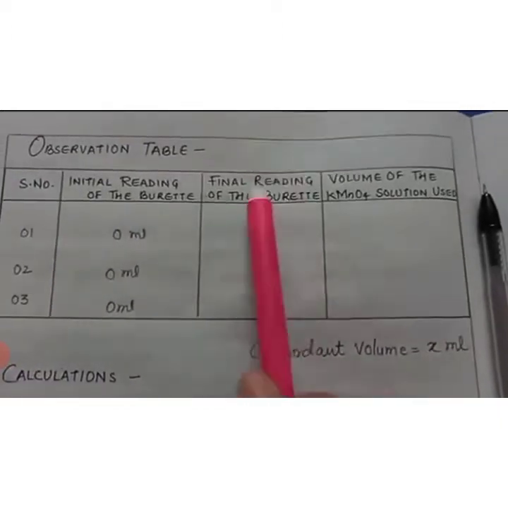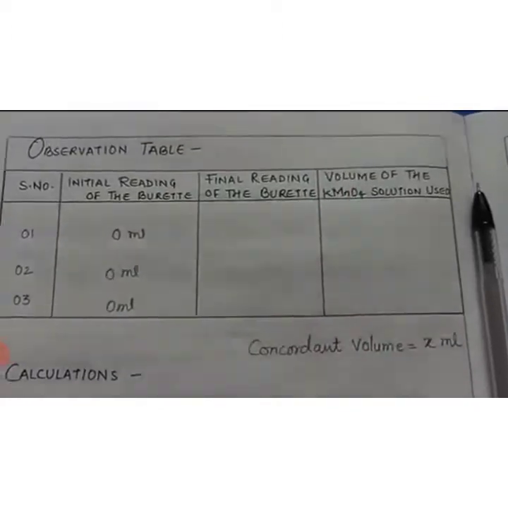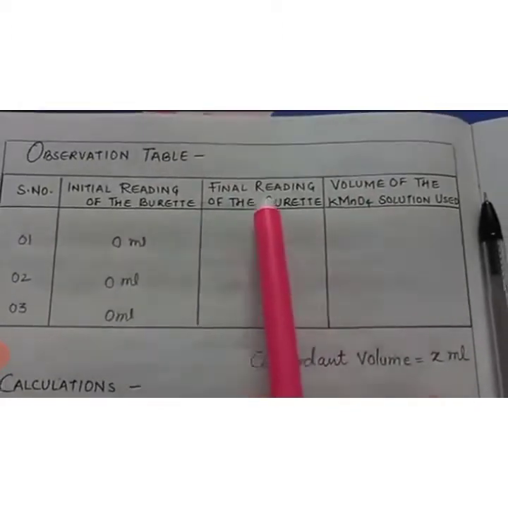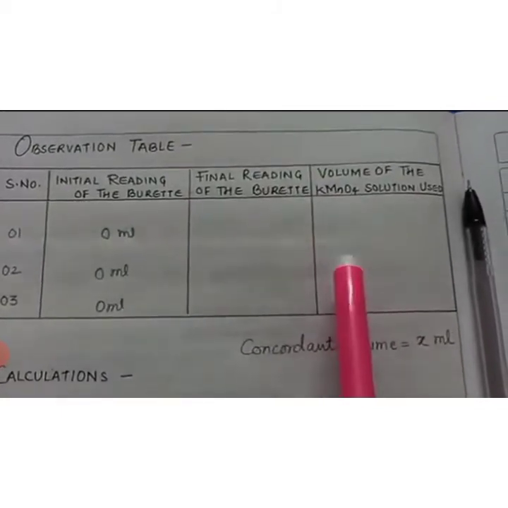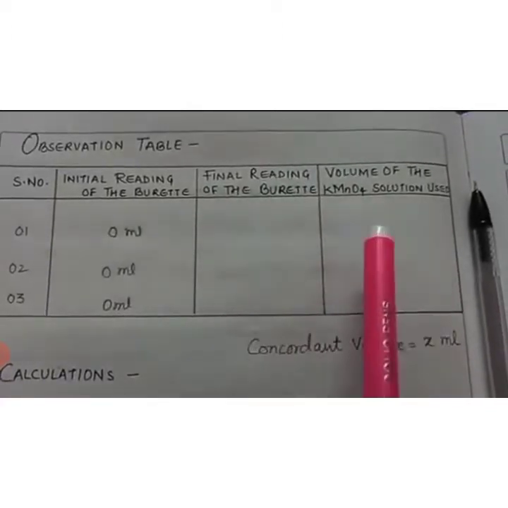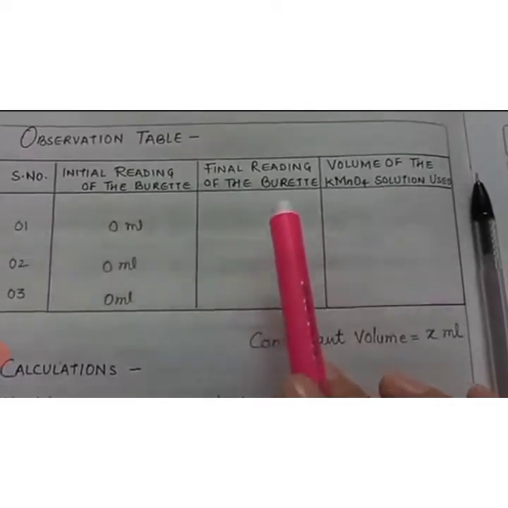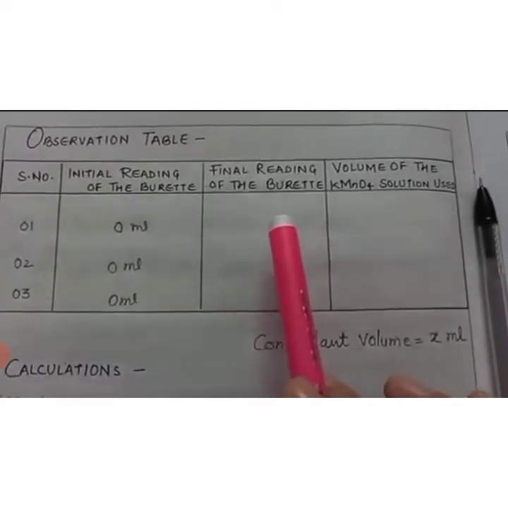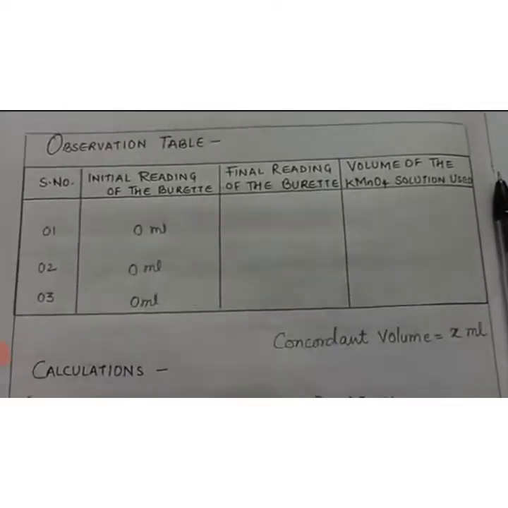The constant reading obtained is known as concordant volume. Let us assume it as X ml. For example, if we get permanent pink color at 16.5, then the difference between final and initial reading will be 16.5, and that 16.5 is the volume of KMnO4 used.